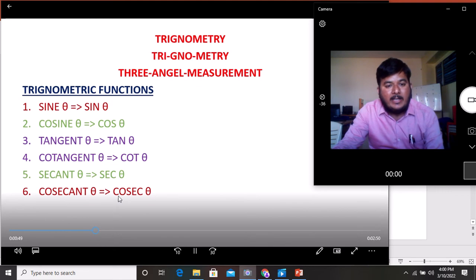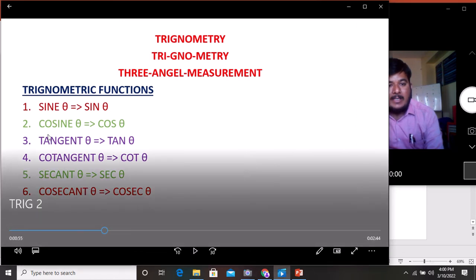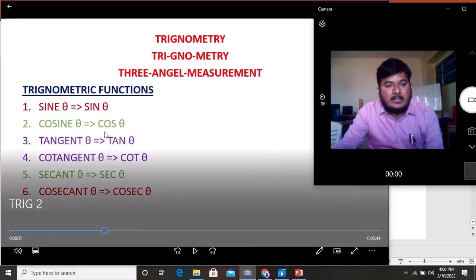Cosecant theta cannot be written with three letters, because cos theta is already present, and it would be confused with it. To avoid that confusion, we take five letters, and it is called cosec theta.